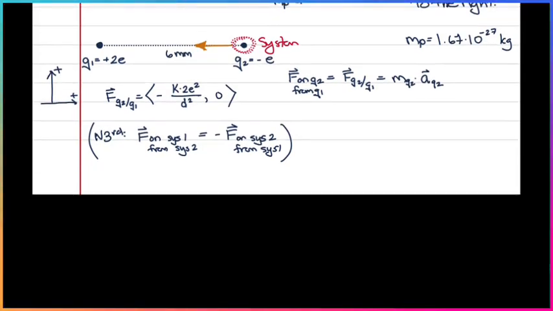So, how does this change the calculations? Seems like then the force on Q2 from Q1 is the same exact thing, but with a negative sign. So this was going to be then 1.23 times 10 to the negative 23 newtons. This negative sign, it's just saying it's to the left.